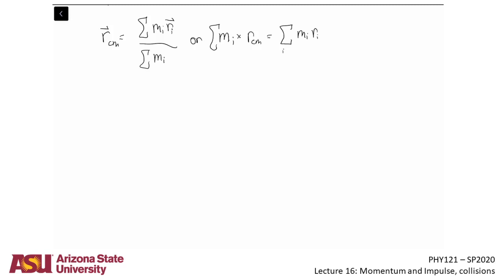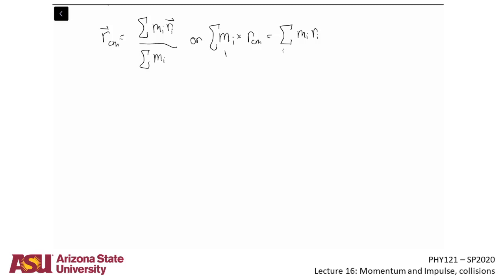Okay, so the next thing I want to talk about is what the system's center of mass has to do with conservation of momentum. So imagine that we have a system of particles with a center of mass vector defined. Let's say the total mass times the center of mass is equal to the sum of m_i r_i.